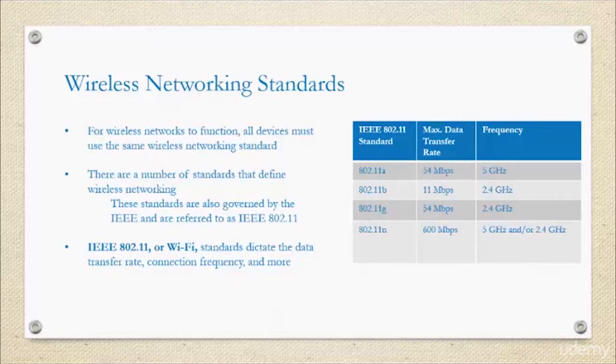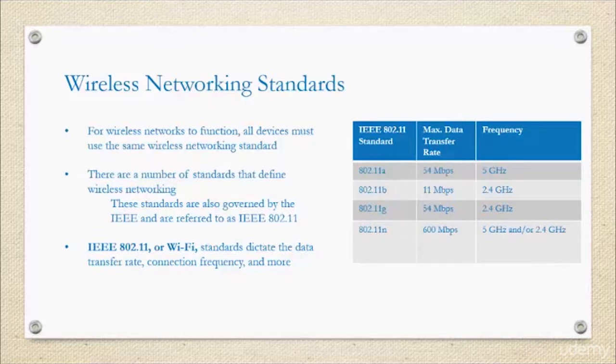I always think of G as inheriting 54 megabits per second from A, whereas it inherits 2.4 from B. So while B is slow and low, A is fast and high, and so G is going to be fast and low.